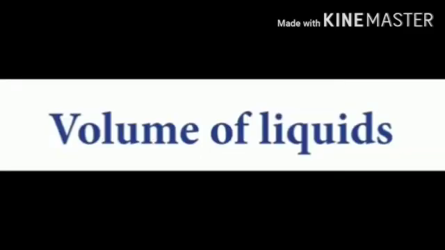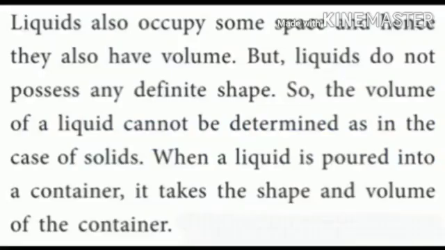Children, now let's see about volume of liquids. Already you know very well, liquids also occupy some space and hence they also have volume. But liquids do not possess any definite shape. So when liquid is poured into a container, it takes the shape and volume of the container.